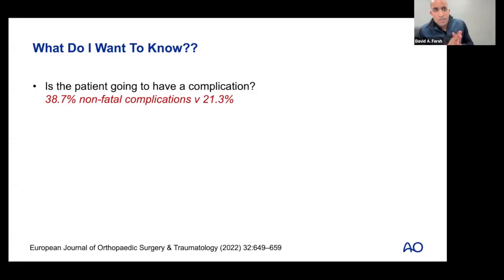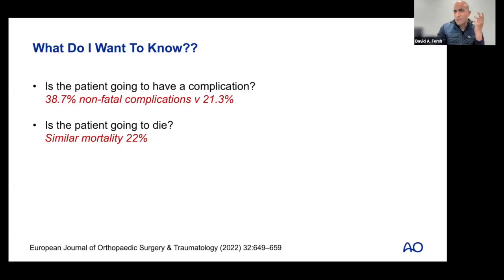And what they noted was when you're looking at fixation versus arthroplasty, the rate of complication, non-fatal complications, was about 39% in comparison to the 20% for arthroplasty. A little ill-defined, but it was mostly in regards to the rates of DVT and thromboembolic events with fixation. And then as far as infection, there was a lower rate for the internal fixation in comparison to the arthroplasty.